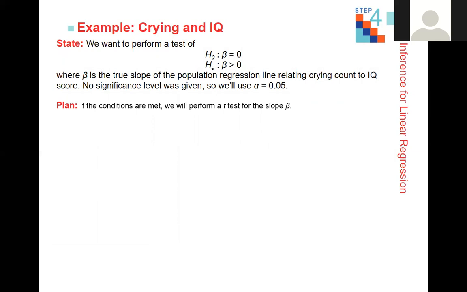So again, we're just using the Greek letter for b to keep track of our slope. Since we're trying to determine whether there's a positive association, we want the slope to be positive. So our null is the slope is 0. Our alternative says the slope is greater than 0, so that it's positive. Alpha is 0.05.